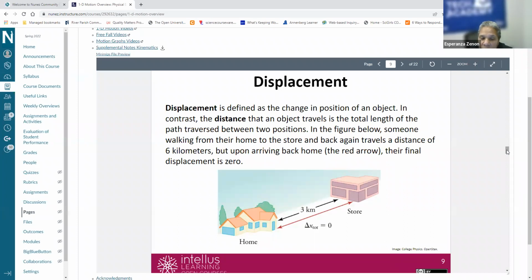In this case, since where it starts and where it stops is the same place, the displacement delta x is 0. But if they walk from home to the store and back, their distance is 6 kilometers. So distance measures the entire path. For displacement, look at where they started and where they stopped and take the difference.